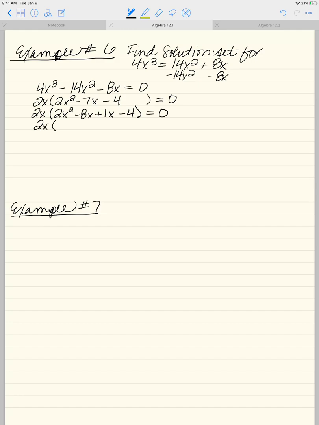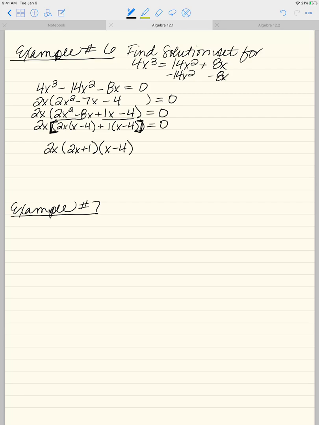Remember we group these. 2x comes out, we're left with 2x times (x minus 4) plus 1 times (x minus 4). Now we have that common binomial that we're looking for. I'm going to write that so it's a little clearer to see those brackets. That gives us 2x times (2x plus 1) times (x minus 4).